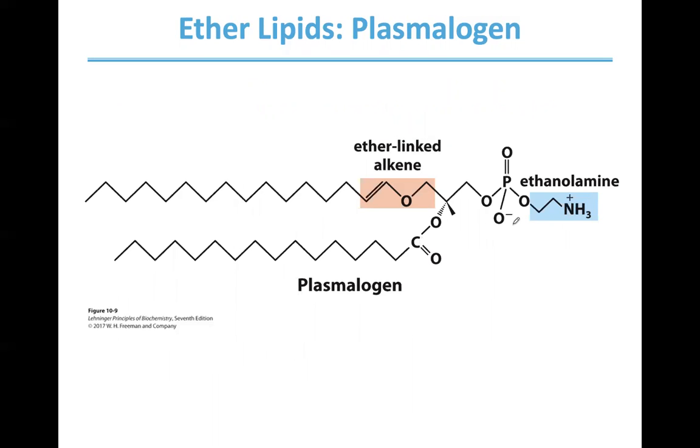So you can see here, the idea is kind of the same. It has a head group, which is composed of ethanolamine, again, phosphodiester linkage. And so this one is a saturated fatty acid now at position 2, but the terminal position is this vinyl ether. So not an ester anymore. Remember the difference, right? This one is an ester.